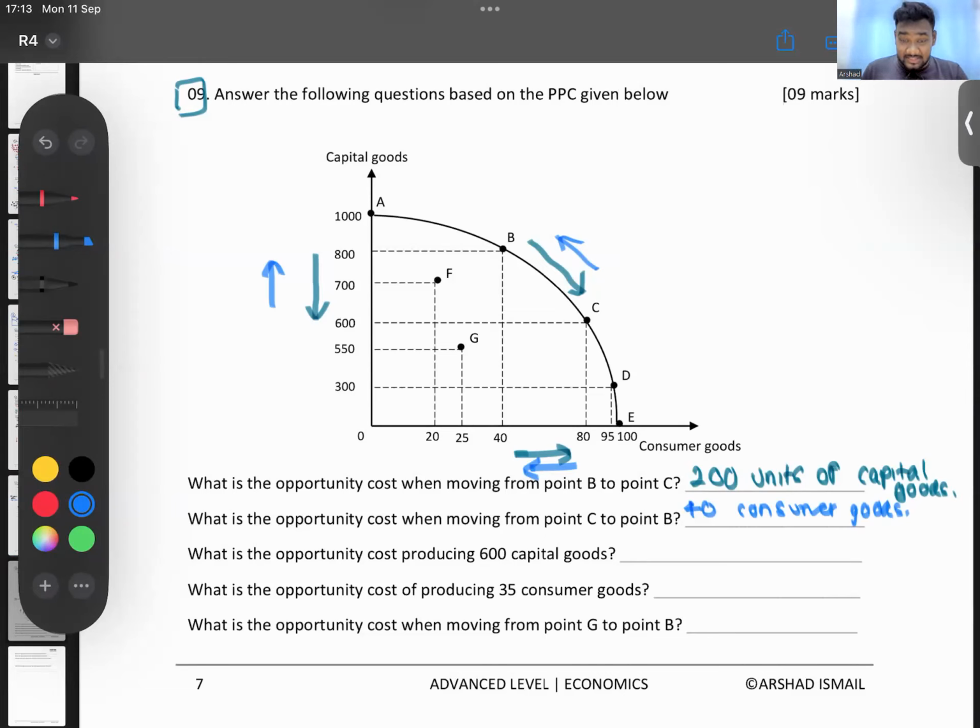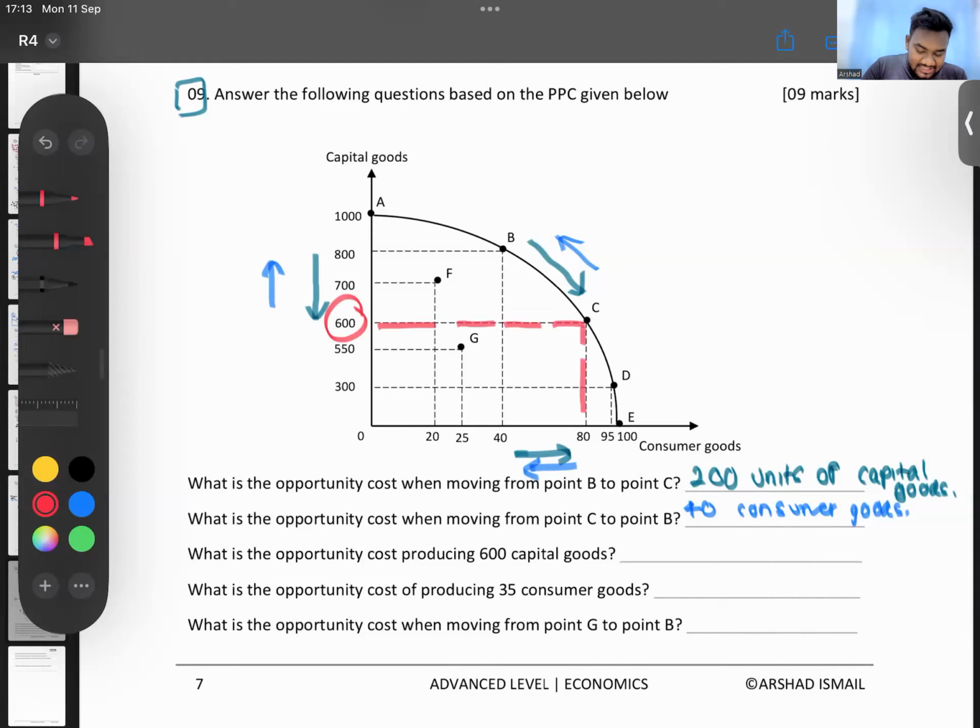Now see, interesting one. What is the opportunity cost of producing 600 capital goods? Think. Because you're producing 600 capital goods, how much of consumer goods can't you produce? That's your opportunity cost. I am not saying opportunity cost of moving from A to B. I'm asking you, what is the opportunity cost of producing 600 capital goods? Read the graph properly and see.